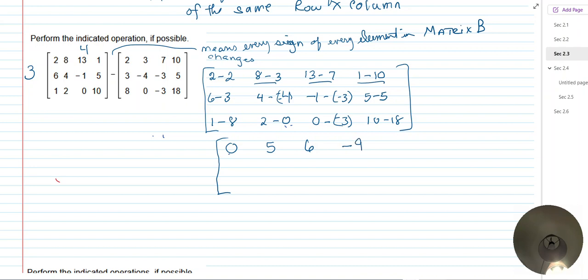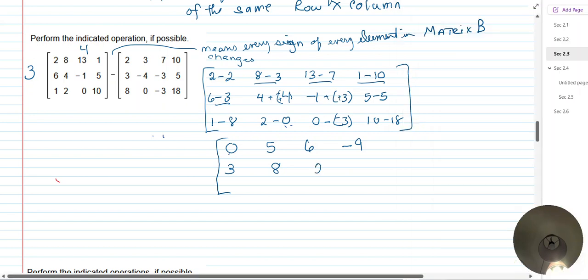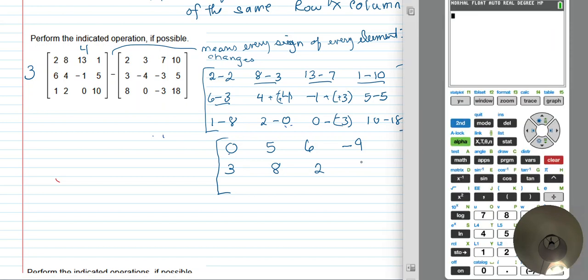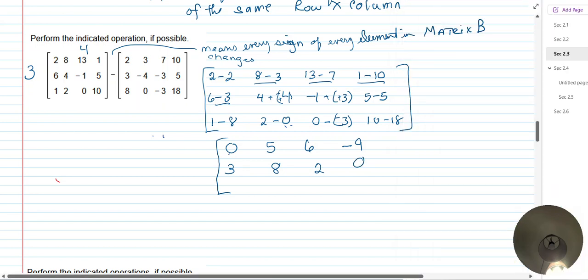So that was my first subtraction of matrix A by matrix B. Now my next row is 6 minus 3 is 3. 2 negatives make a positive, so I have 4 plus 4, an 8. Negative 1 minus negative 3, 2 negatives make a positive, so I have a 2. And 5 minus 5 is a 0.